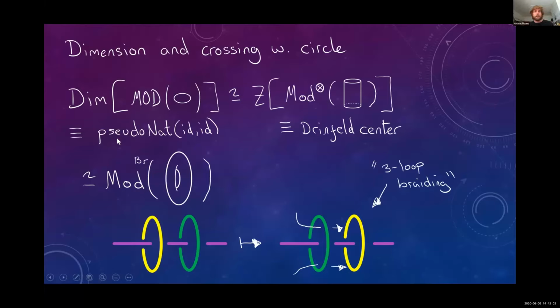And the dimension is a braided monoidal category consisting of pseudo-natural transformations of the identity two functor and modifications between them. And it turns out, in general sense, for any module category of a multi-fusion category, this is the same as computing the Drinfeld center of the multi-fusion category. So you can show this correspondence.